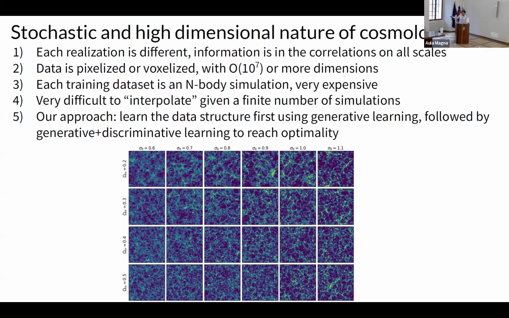And it's very difficult to interpolate between these data sets, given that we have just a finite number of training simulations. And so our approach, which I'll discuss here, is that we'll first learn the data structure using generative learning, and then we will follow by generative plus discriminative learning to reach optimality in terms of the summaries, in terms of the posteriors.